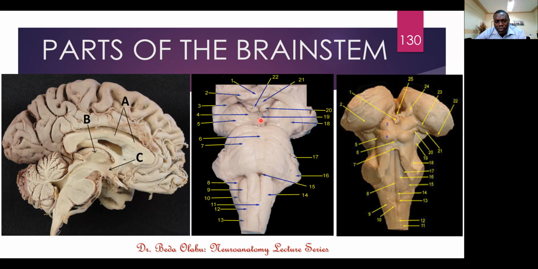So this is interpeduncular fossa, which coincides with this region here. Then these are the cerebral peduncles. And so that's why we call this the interpeduncular fossa. These two things, which look like breasts, are not part of the midbrain, but they are part of the hypothalamus. Those ones are part of the hypothalamus around here.